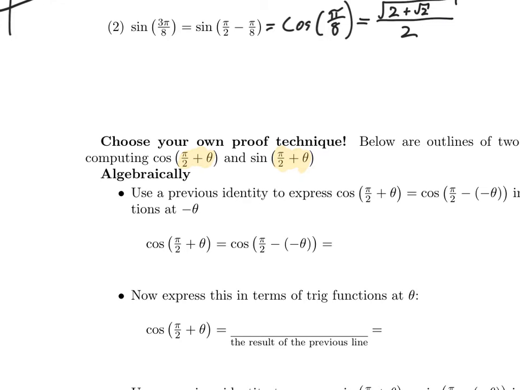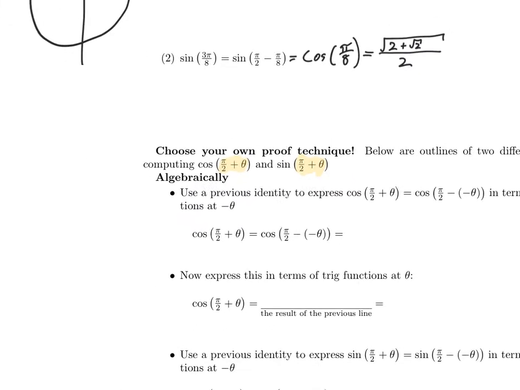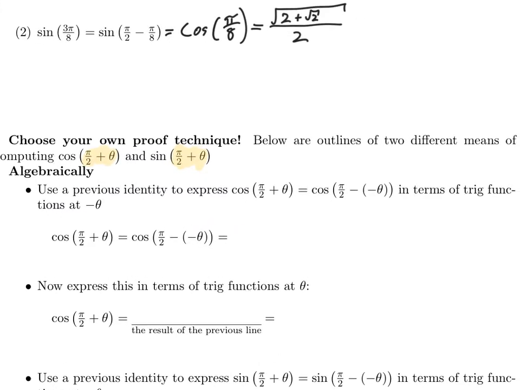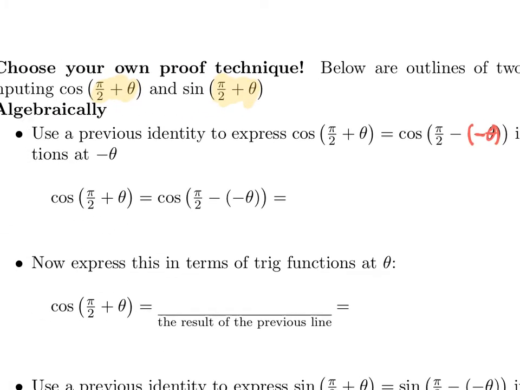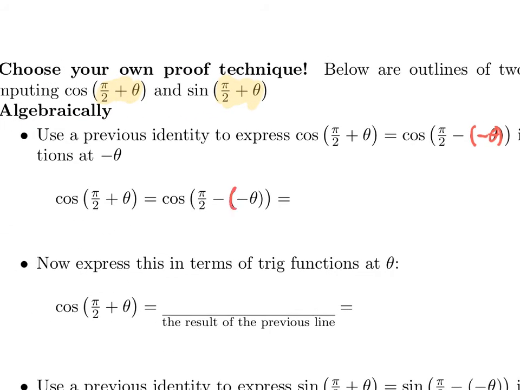So let's use previous identities to express the cosine of pi over 2 plus theta. And here's the idea that we'll use. If I want to compute the cosine of pi over 2 plus theta, well, I can write plus theta as minus negative theta. So here, I'll add some color coding in. If I want to compute the cosine of pi over 2 plus theta, I'll instead compute the cosine of pi over 2 minus negative theta.